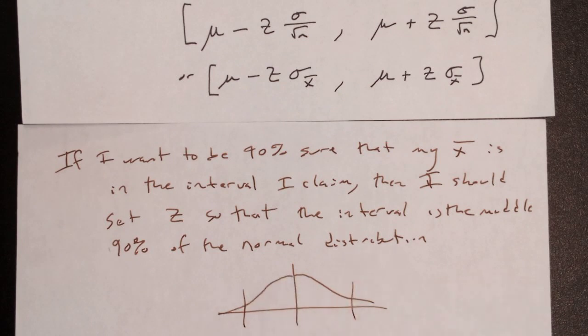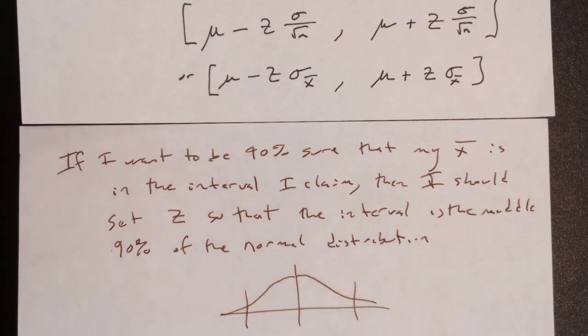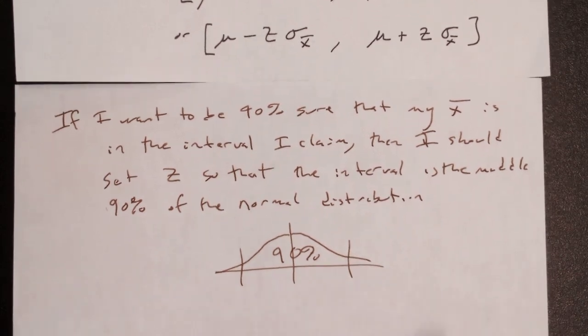There's a bar there and there's a bar there. And I want the middle to be 90%. If I want the middle to be 90%, what are the z-values that make up these lines?